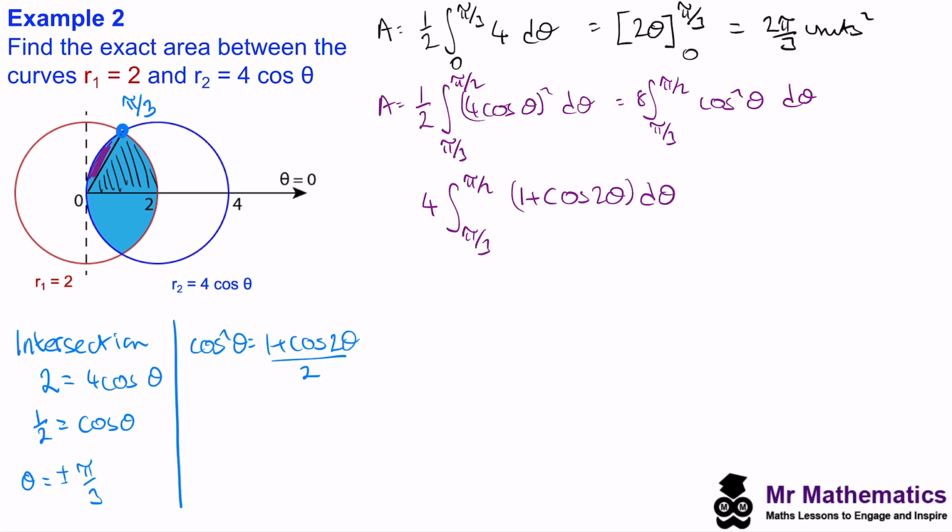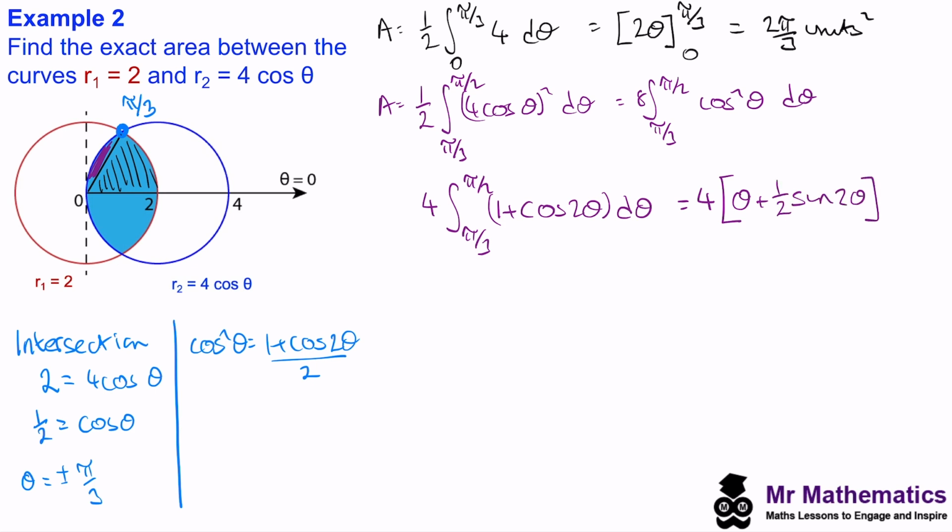We'll just tidy this up. Okay, so when we integrate this, we get 4 times, the integral of 1 will be theta, and the integral of cos 2 theta will be 1/2 sin 2 theta, between pi over 3 and pi over 2.